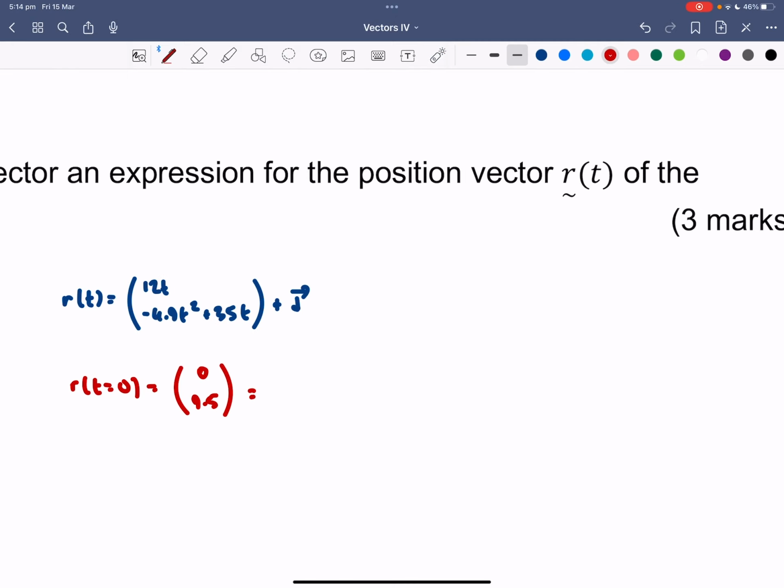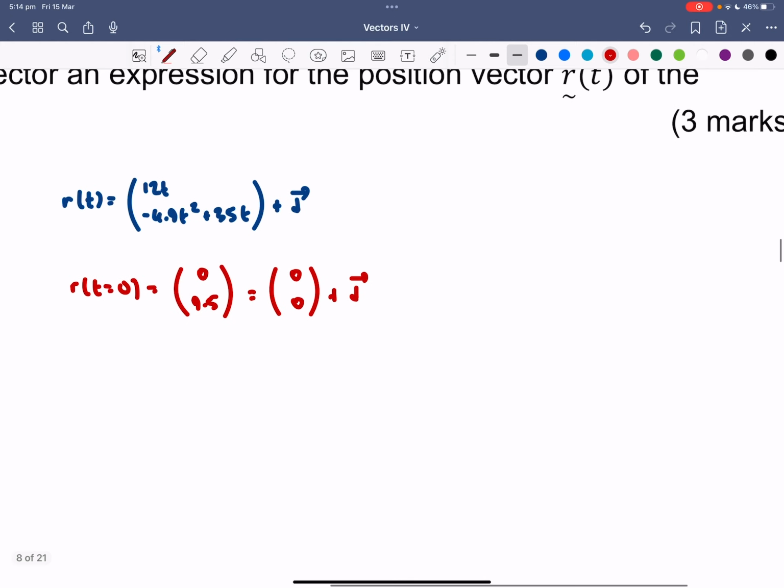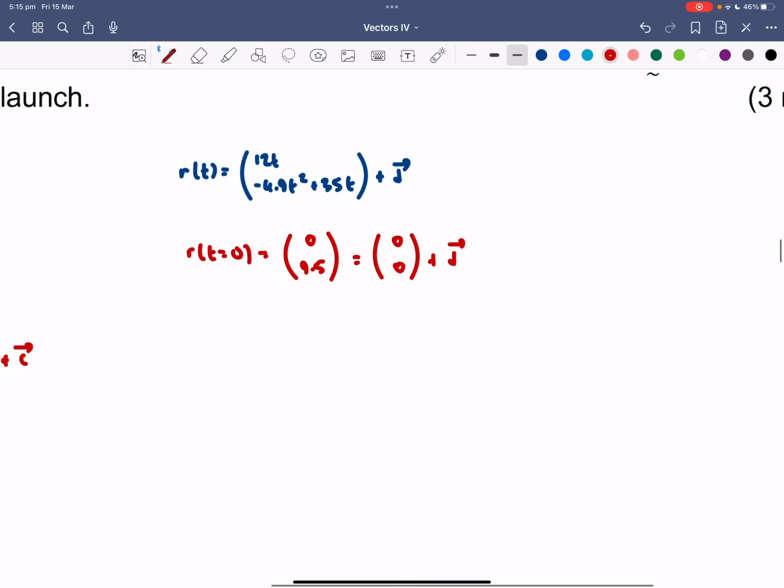Just because it's subbing in 0 doesn't always give you 0. But in this case, it does. So this is 0, this is 0, plus the vector d. Perfect. Which means, guys, that at the end of the day, the d vector is 0, 9.5. Okay, so 0i plus 9.5j is the d vector.